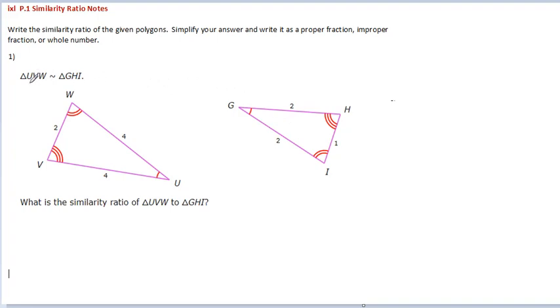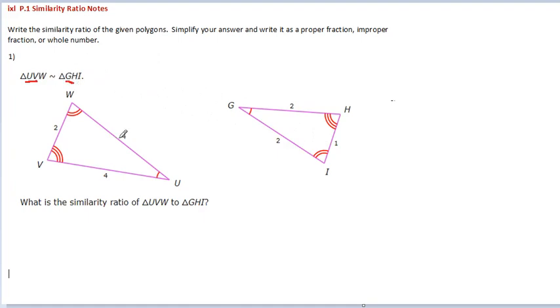So side UV is going to be congruent with side GH, which is this side right here. So you could not say that it's congruent with side HI, because the order does matter.